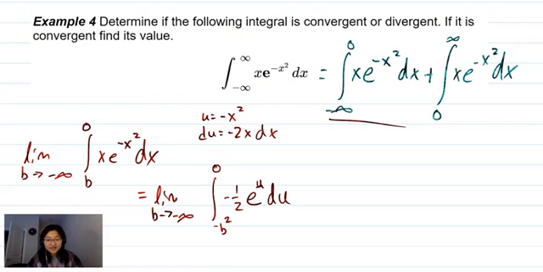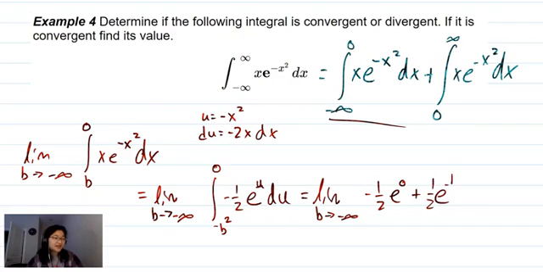Okay. And now what? Well, we can just plug that in. So we got limit as b approaches negative infinity, negative 1/2 e to the 0 minus negative 1/2 e to the negative b squared. Okay.